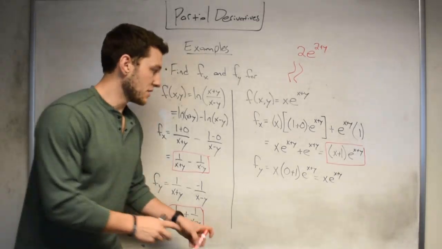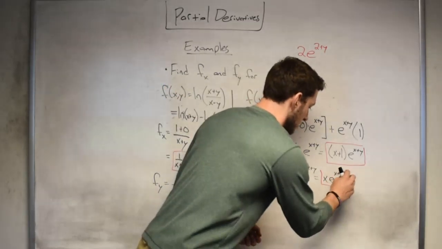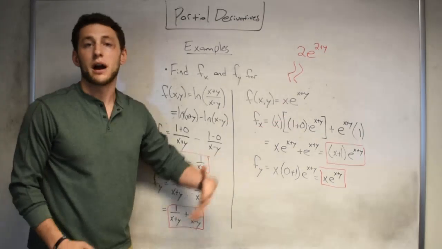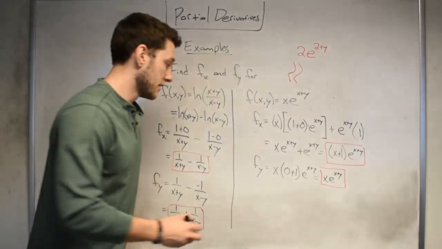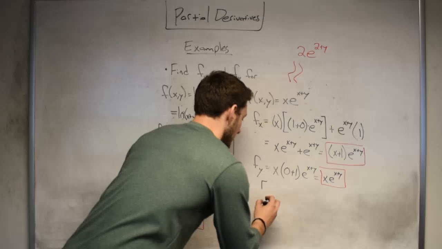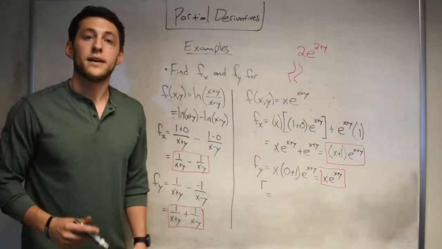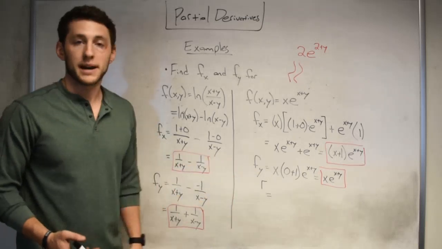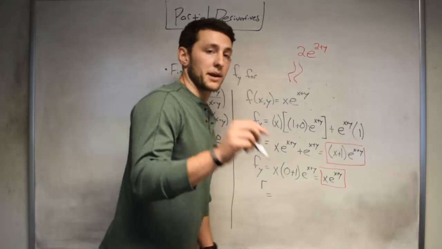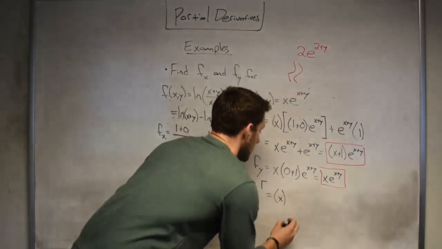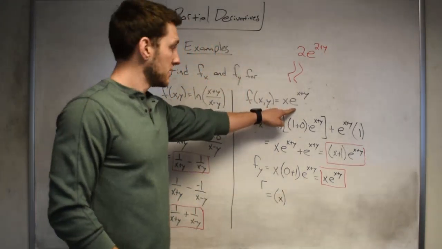Now, if this was confusing to you, don't worry. You could still treat this like a product rule if it makes you feel better. So kind of in an alternate universe, let's go ahead and treat this like a product rule to prove our answer. And we would derive it with respect to y. So, to treat it like a product rule, we would say first, so x times d second.